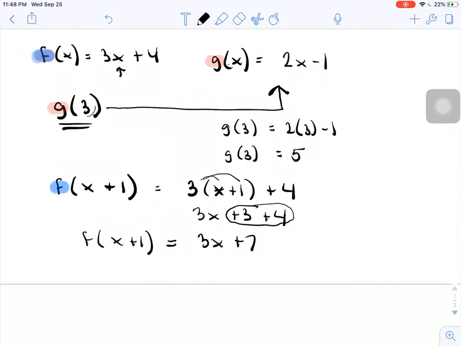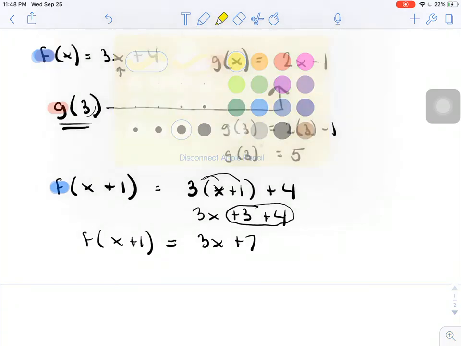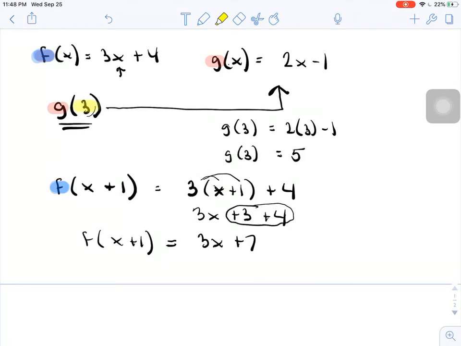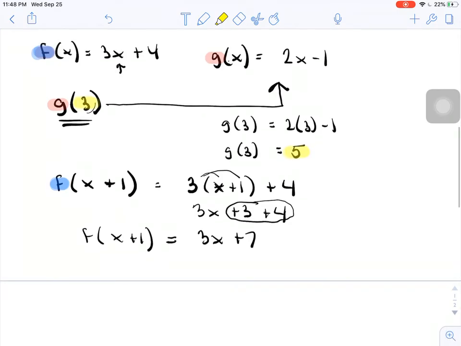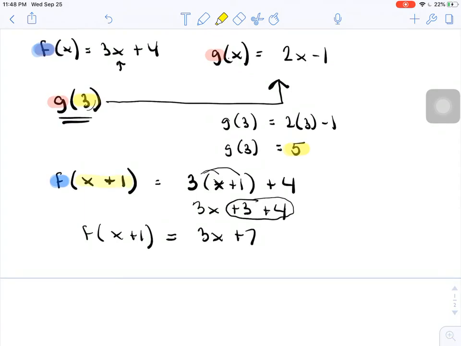So generally, if you put in a number, you will get out a number for your output. If you put in an expression, you will get out an expression. So you can put anything in for your input that you want, but whatever you put in for your input, you're going to get that same type of thing out for your output. Put in a number, get out a number.